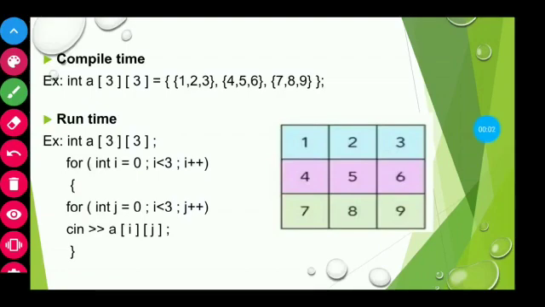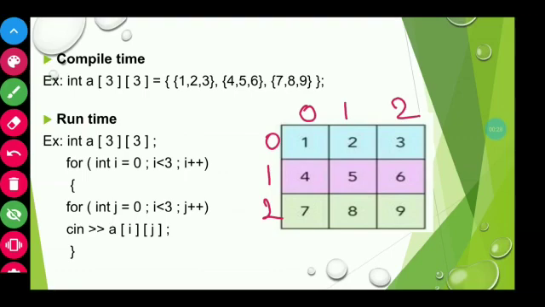Consider the same example, int a of 3 3. This array is having 9 elements and all the elements are stored in a matrix form. Each element can be accessed by using the array name along with the two subscripts. Each subscript will have an index value which starts from 0 up to row or column size minus 1.